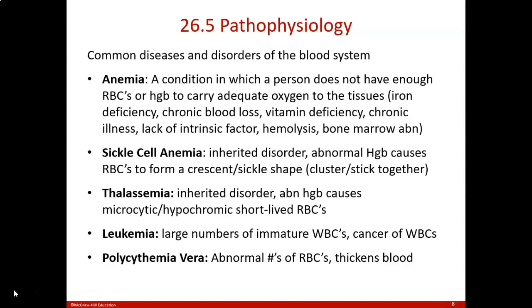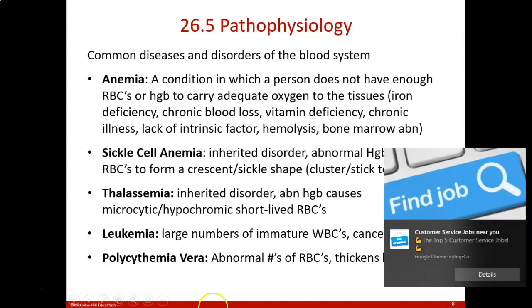And so what happens is the blood gets thicker. And so these people have a tendency to be short of breath, dizzy. Their spleen becomes large because they're trying so hard to reproduce so many red blood cells.